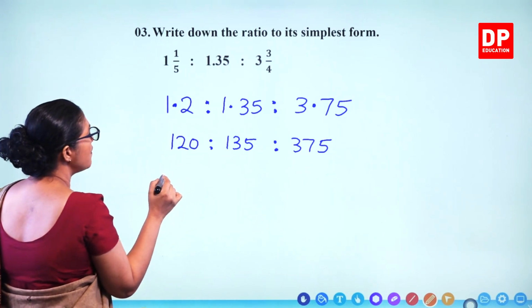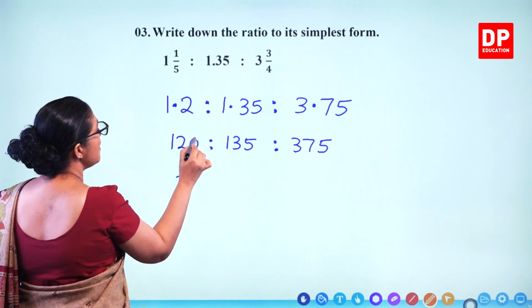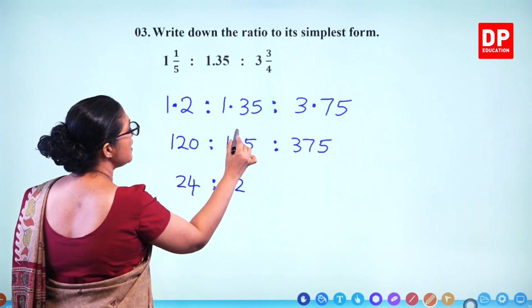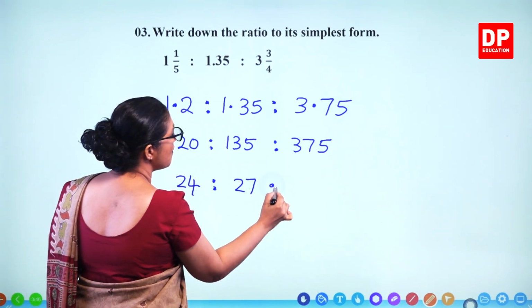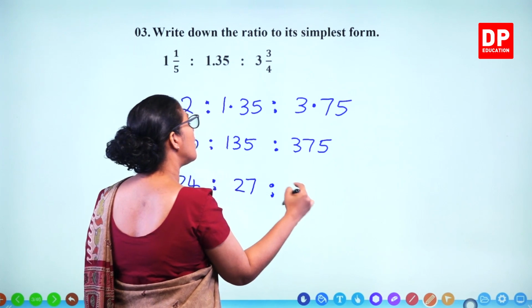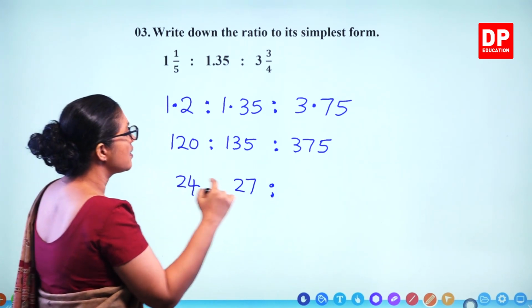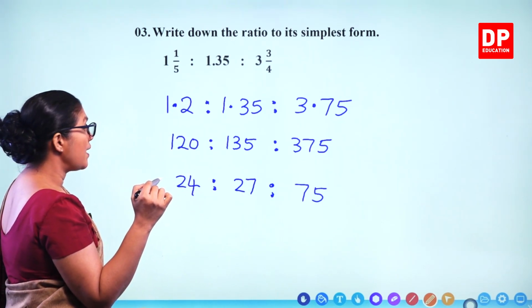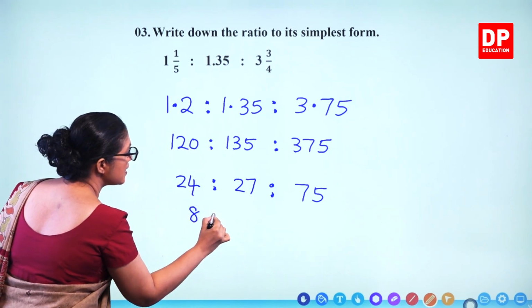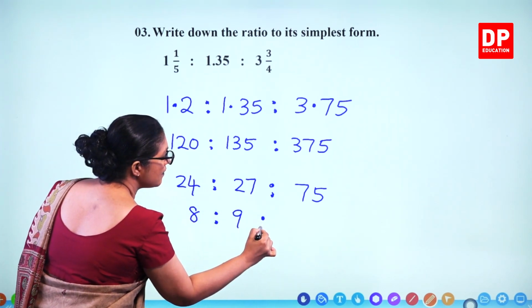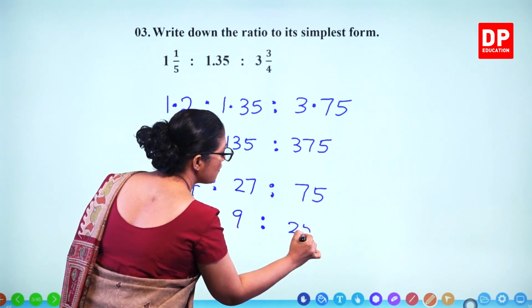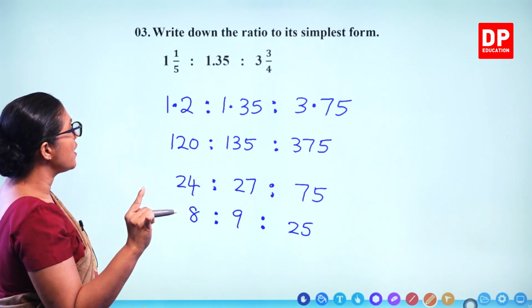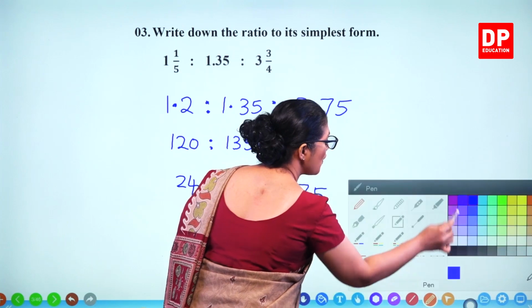Divide by 5: for 120, 5 times 24; for 135, 5 times 27; for 375, 5 times 75. You can divide everything by 3: 3 times 8, 3 times 9, 3 times 25. So the simplest form is 8 to 9 to 25. So you get 2 marks for that.